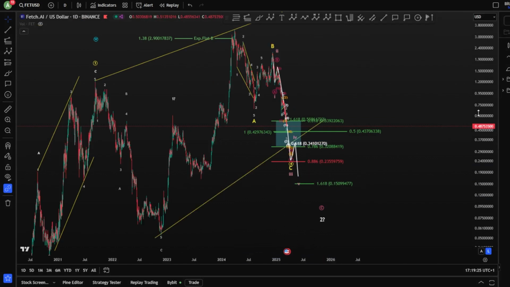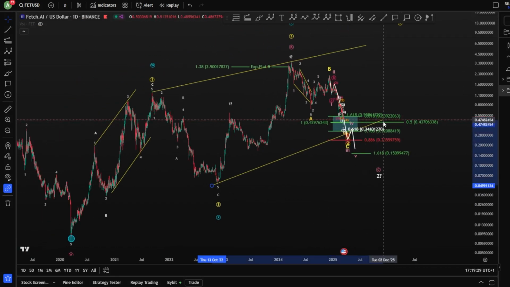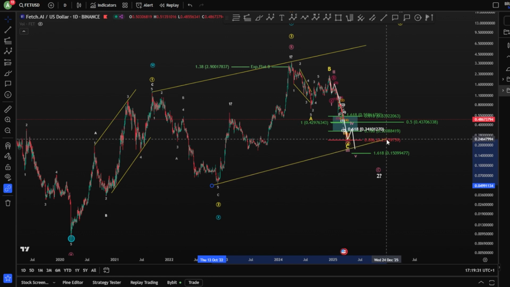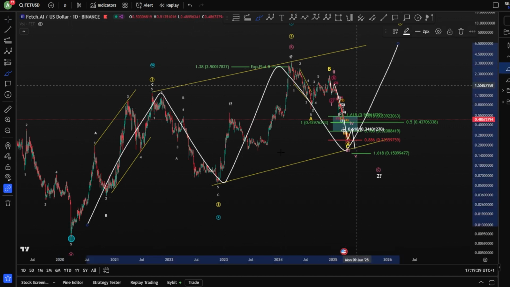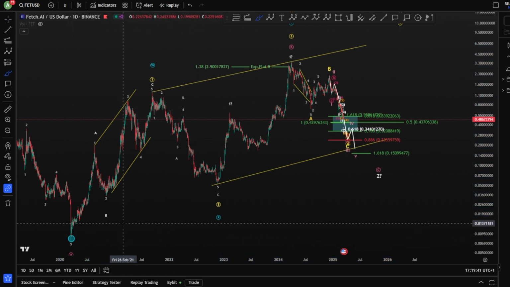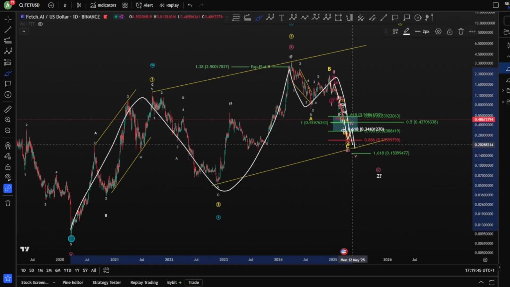Hopefully not. But imagine, even if this happens, your bullish scenario is still dominant. Your leading diagonal is still on 1, 2, 3, 4, and a 5. Very nice leading diagonal still. Your WXY, 3 waves down, is still on for a move towards the upside.